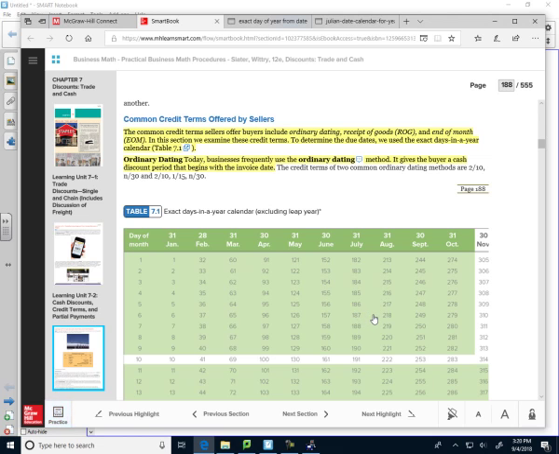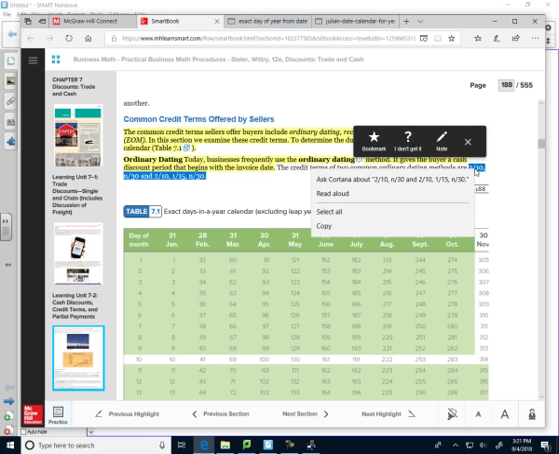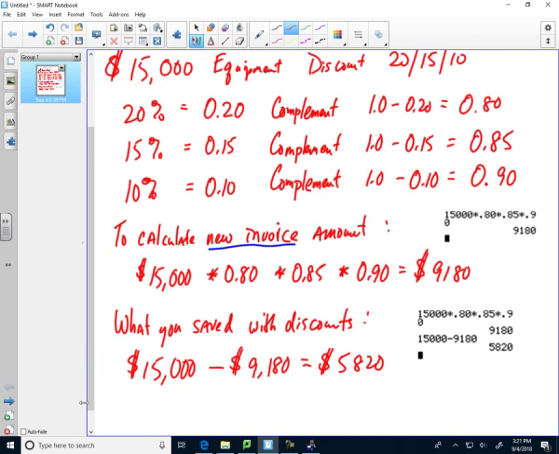Yeah, I guess it does, but a lot of it you can do in your head. Notice, these are examples: 2/10, N/30, and 2/10, 1/15, N/30. Let me show you what these mean. Let me decipher these for you.